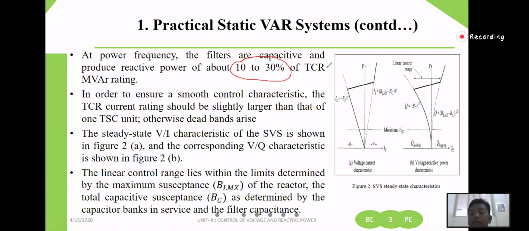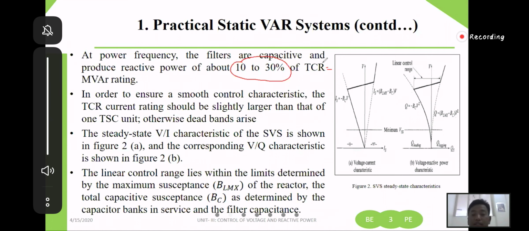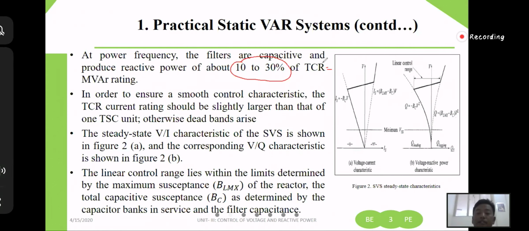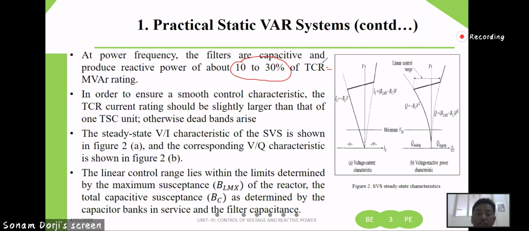Means if your rating of the thyristor controlled reactor is, let's say, 30 MVAR, then it will generate 10 to 30% of this. It is advantageous, right? When we are trying to filter out the harmonics, you are also producing reactive power, which will reduce the number of TSCs in the system. At least it will generate 10 to 30% of this.